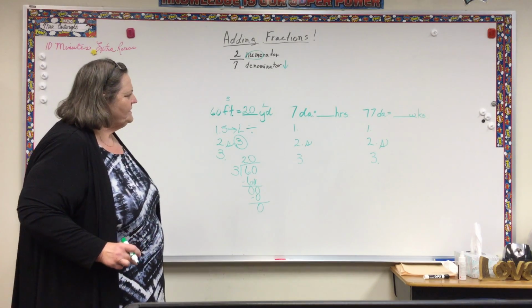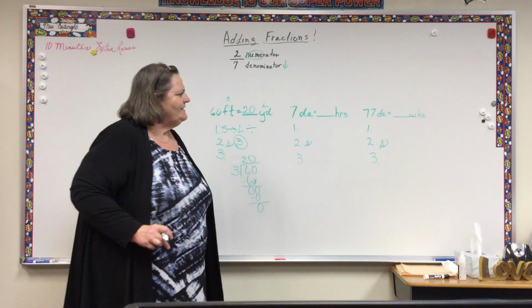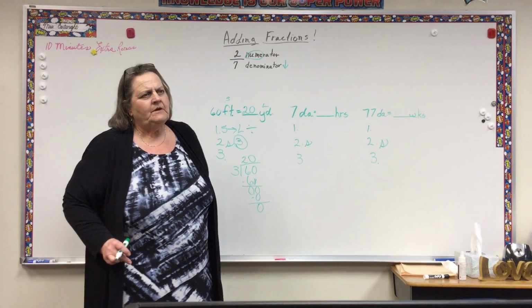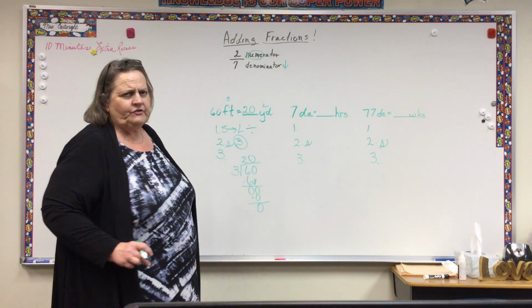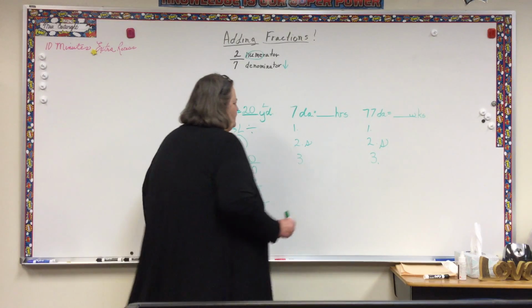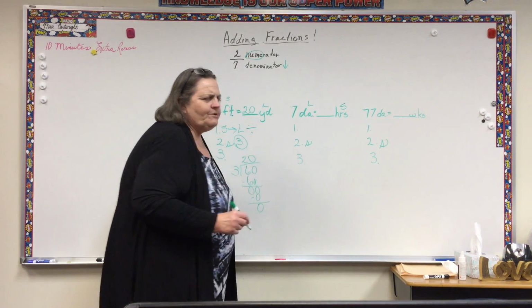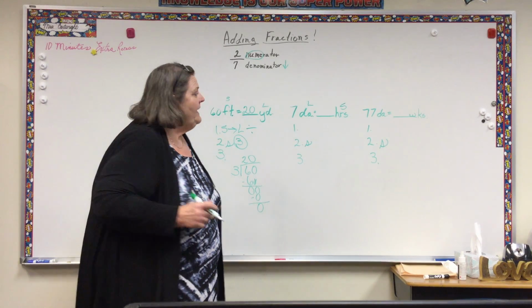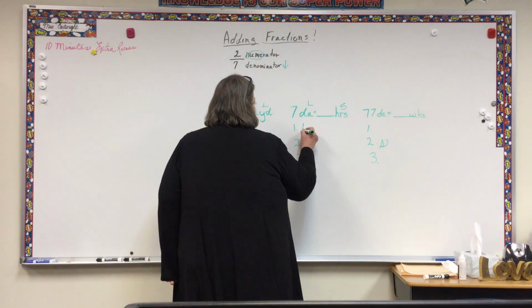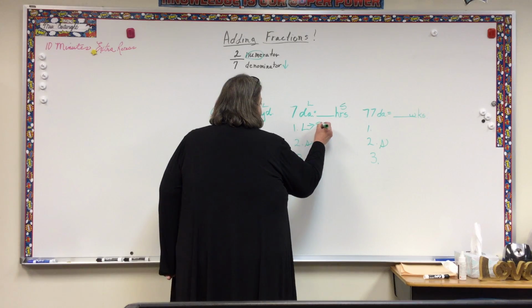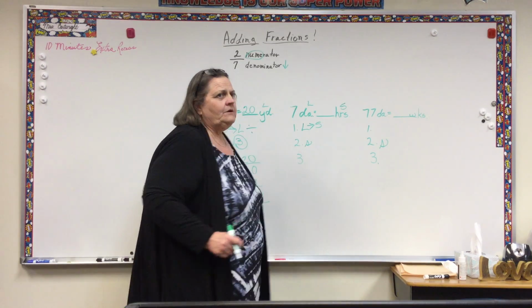Okay, we'll do this one. 7 days equal how many hours? Which one is the smallest unit? Hours are smaller than days, aren't they? So I put my little S and L over because that helps me think clearer. And I go from larger to smaller. What do we do?